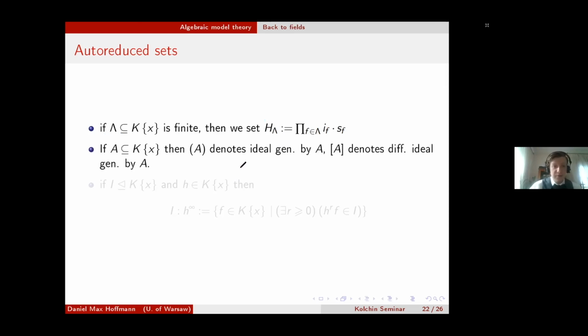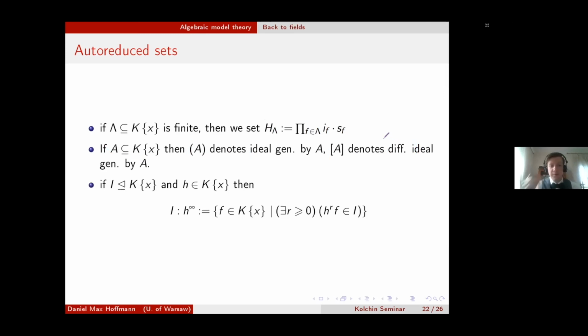Then if I have any subset A of these polynomials, by A with a rounded bracket, I denote the ideal generated by A, and by the square bracket, I denote the differential ideal. So that's the difference: rounded is just the algebraic thing, and the bracket is also with the derivatives.